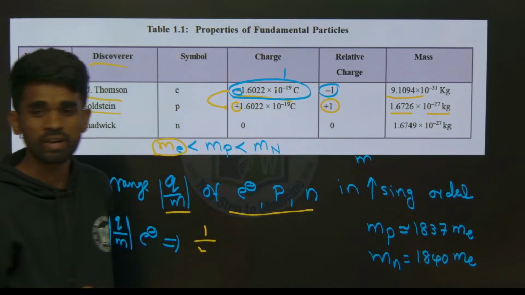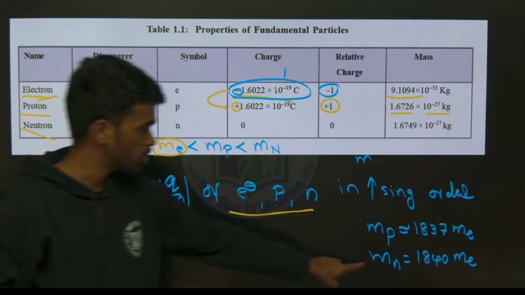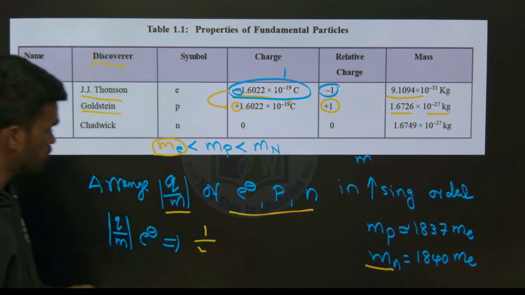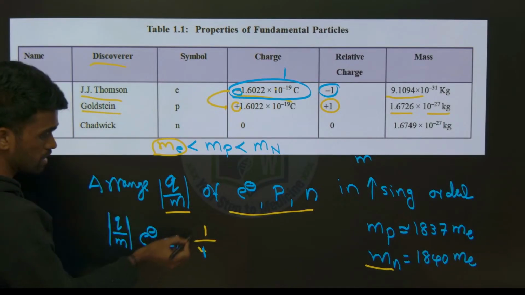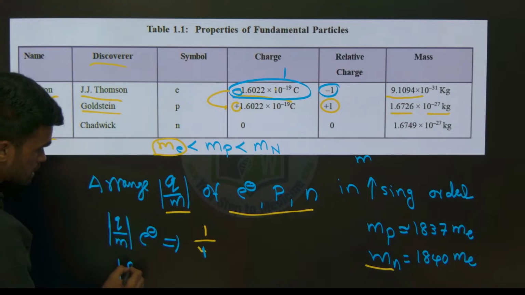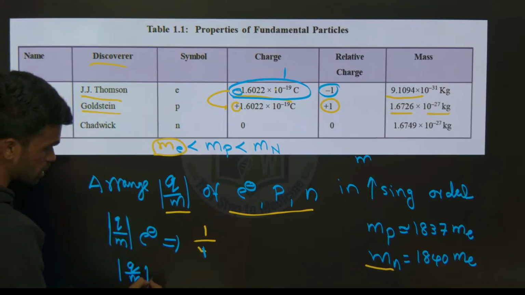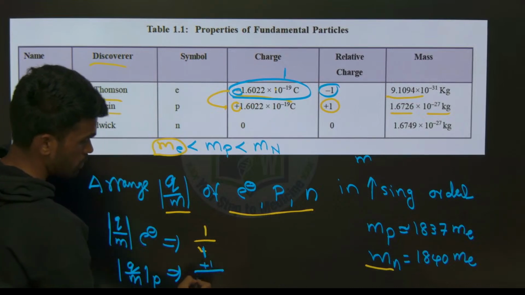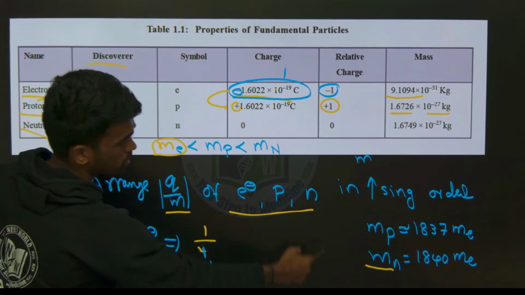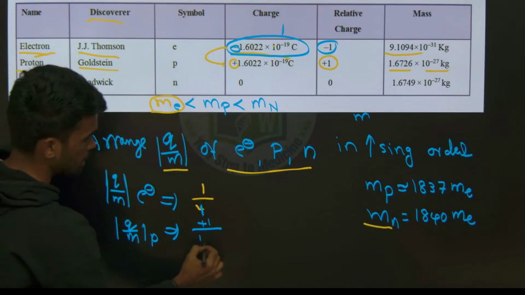So which is bigger finally? Neutron mass is higher. Now I am considering mass of electron as 1 unit, so 1 by 1 we get, and the charge to mass ratio of proton will be how many times? Charge is +1 and mass is how many times with respect to electron? So I can write here 1 by 1837.